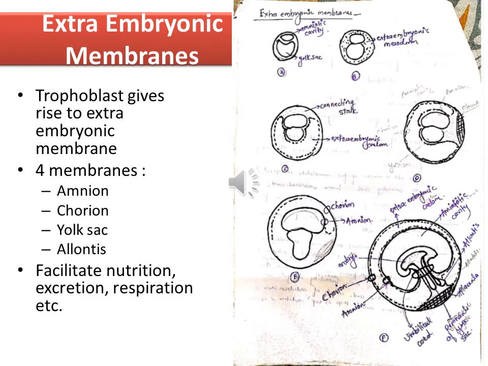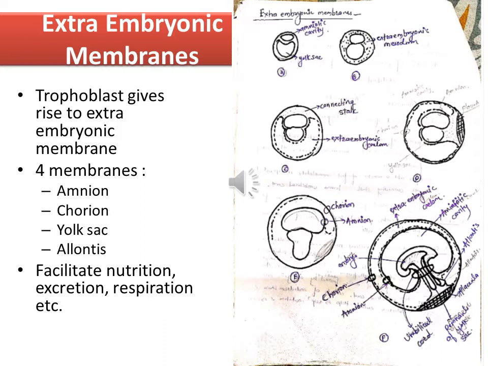Okay, let's see the very important part, that is the extra embryonic membranes. During gastrulation, as there is a formation of germ layers, along with that extra embryonic membranes are also produced. These extra embryonic membranes protect the developing embryo as well as provide nourishment. They perform several functions.